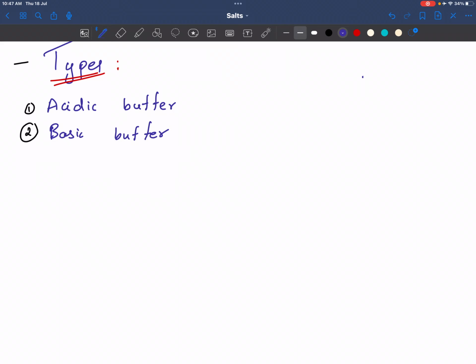All right. Now, acidic buffer, as its name suggests, pH is less than 7. Basic buffer, pH is greater than 7. Now, how is acidic buffer created?